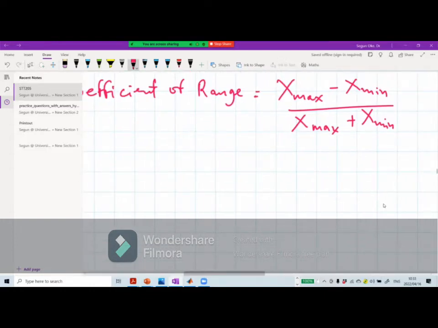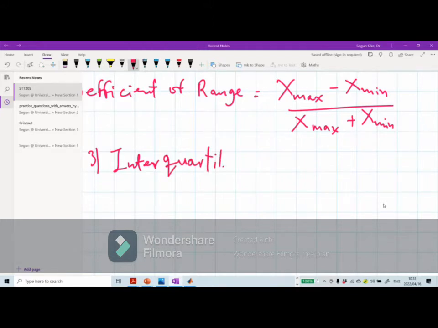They can also ask you, you can have number 3, interquartile range, same thing as Q3 minus Q1.